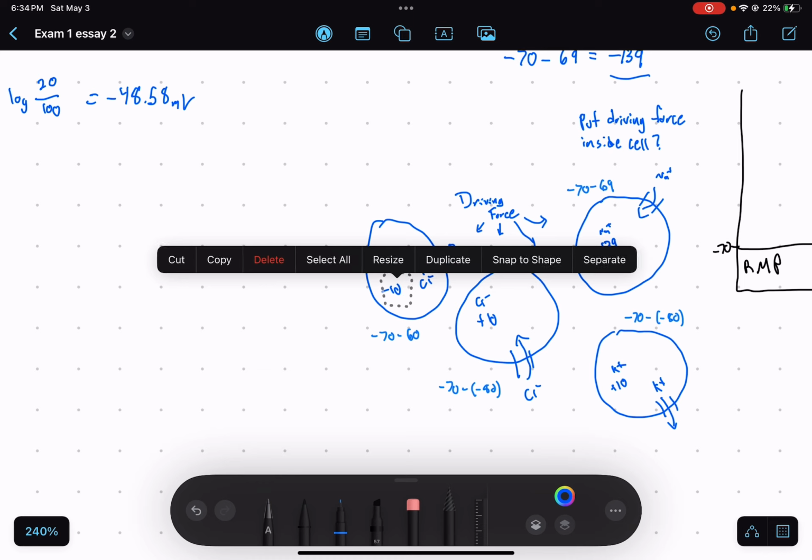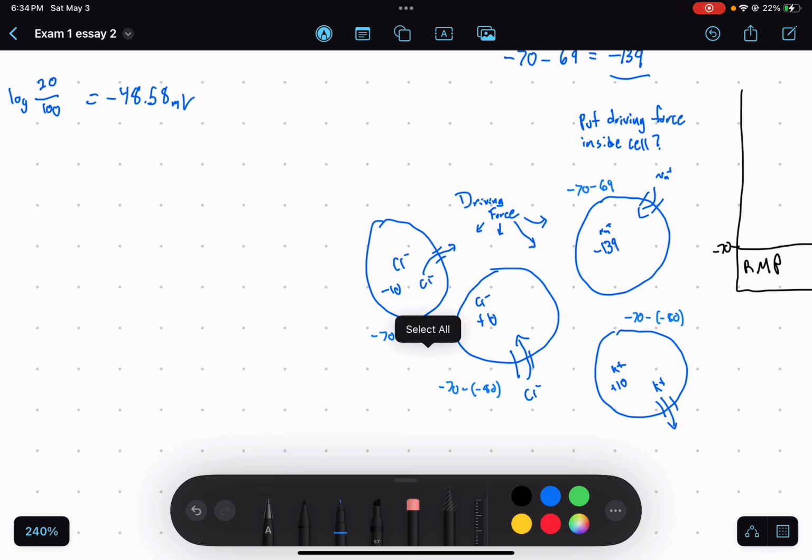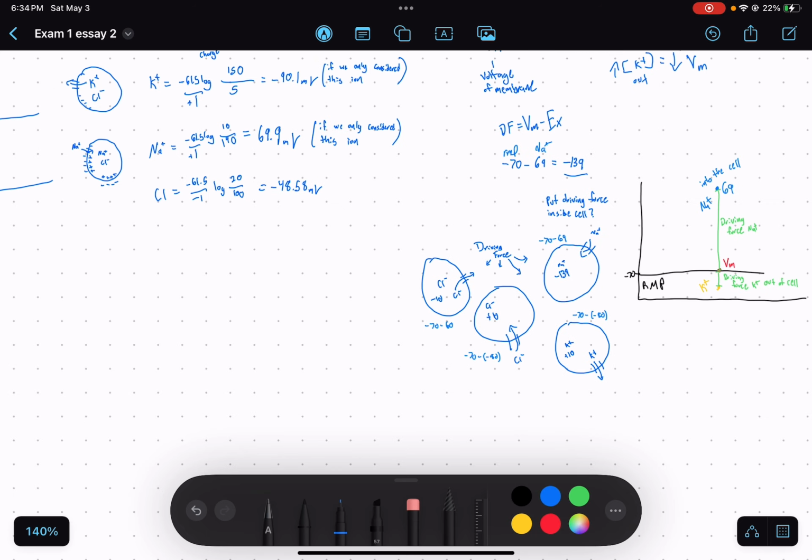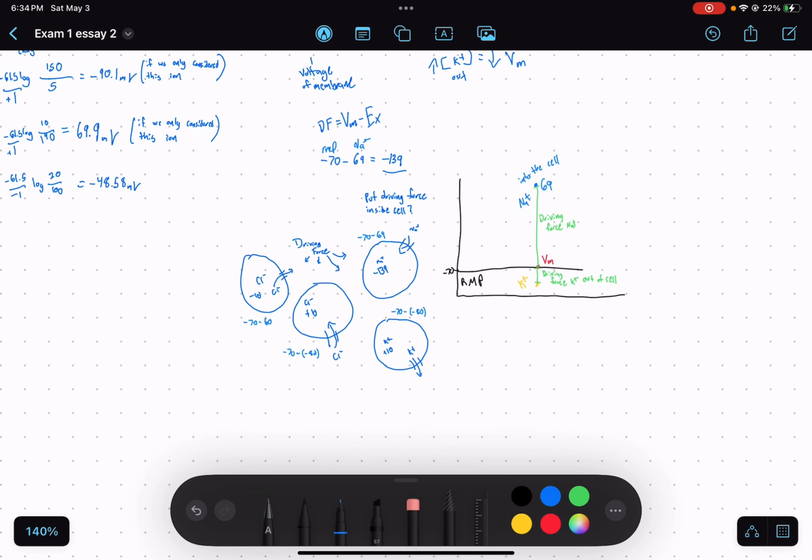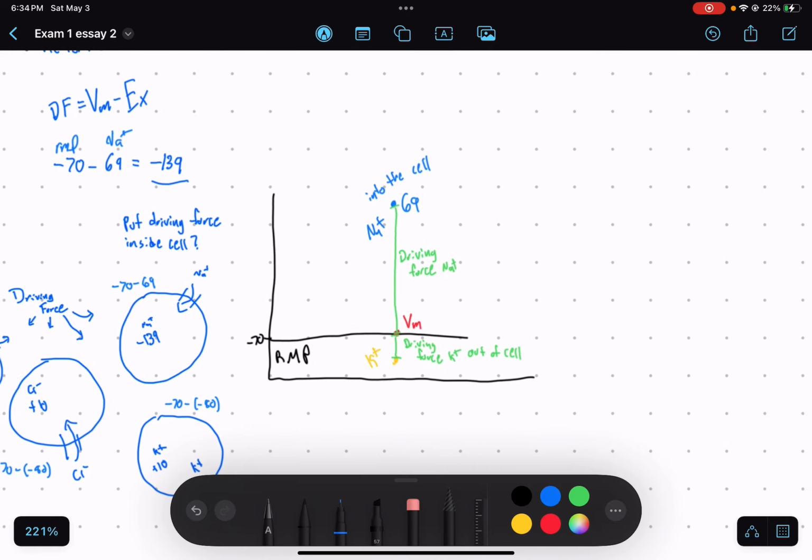While if it's negative, the good way to think about it is that the negative ion will flow out away from that negative driving force. Think about it as negative repelling negative, just to help cement it in your mind.